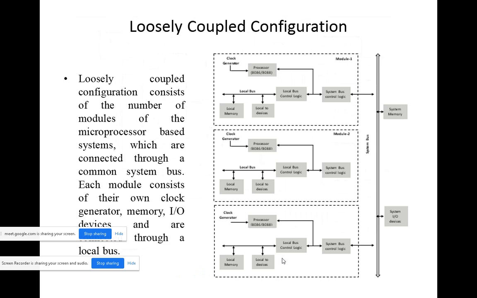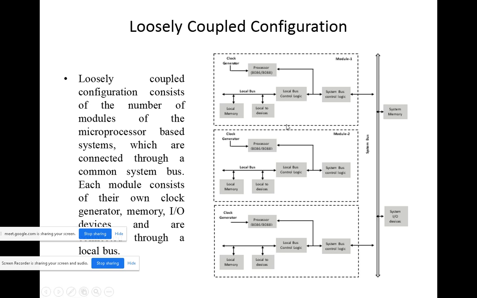Then now we are going to see the loosely coupled configuration. So in loosely coupled configuration, we have separate memory as well as input-output device, bus control logic, everything will be separate for each process.